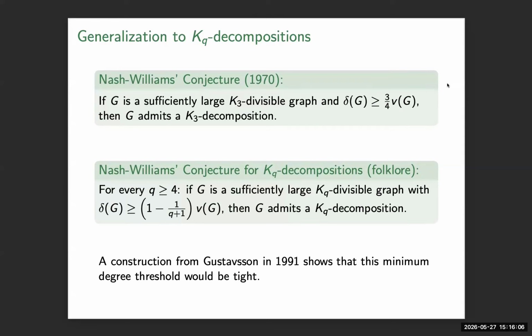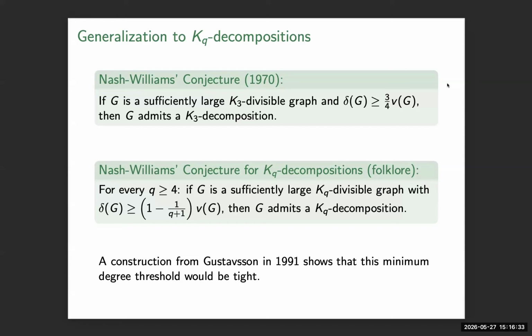As a reminder, here's the Nash-Williams conjecture at the top here, and here's a folklore generalization to KQ decompositions. It posits that for every Q at least 4, if G is a sufficiently large KQ divisible graph with minimum degree at least 1 minus 1 over Q plus 1 times its number of vertices, then G admits a KQ decomposition.